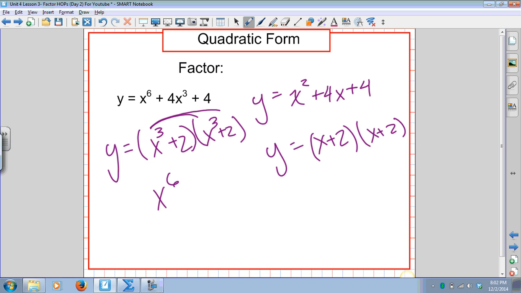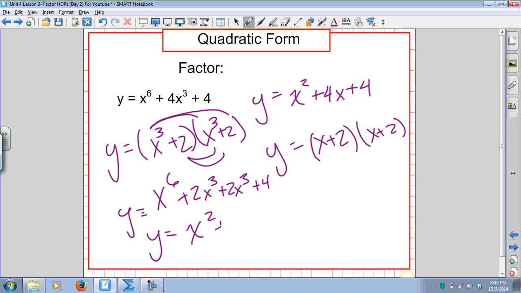The outers and the inners both give you 2x cubed. And the lasts give you 4. So when you combine your like terms, you get the equation that we started with.